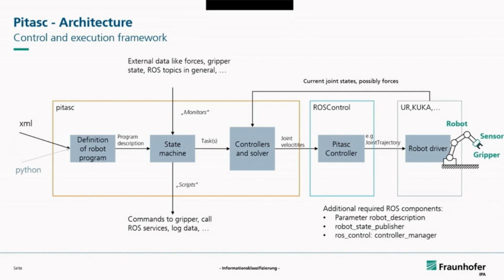You can add a lot of elements from the ROS world, for example, gripper drivers, if they expose a ROS service or ROS topic interface. Finally, Pitasc sends joint velocities to ROS control, which directly relays them to the robot driver. So in Pitasc, ROS control is only used for the communication and transport layer.